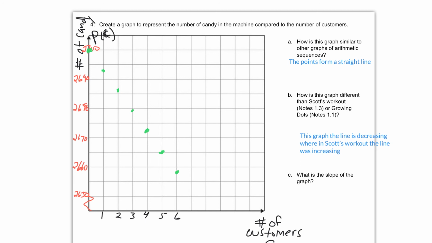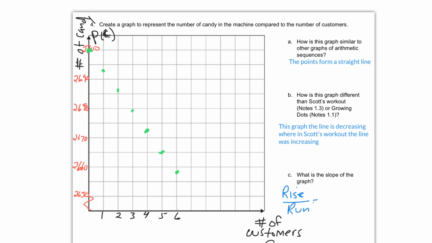And then finally, letter C is going to ask us, what is the slope of our line? So let's take a look at the slope of our line. So remember, slope is our rise over our run. So we have rise over run. So if we take any 2 points, so I'm going to look at this point and this point.